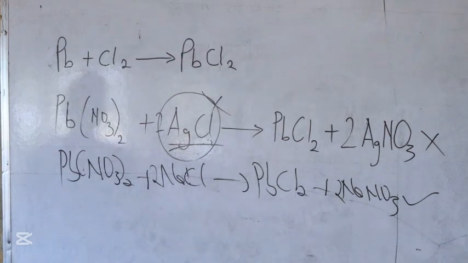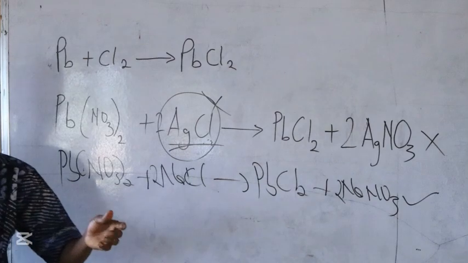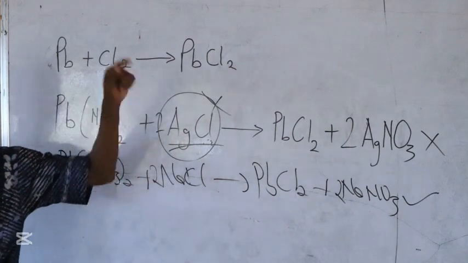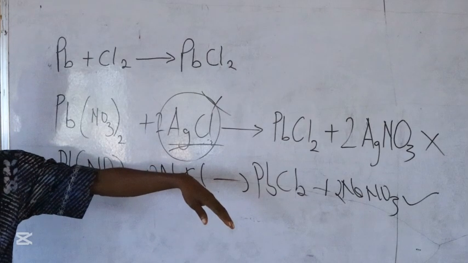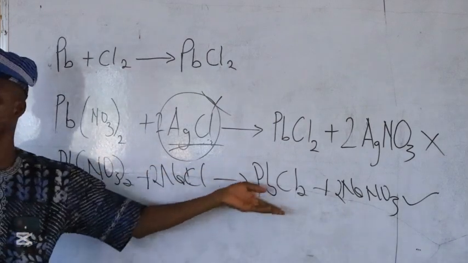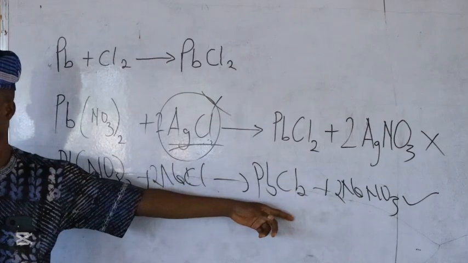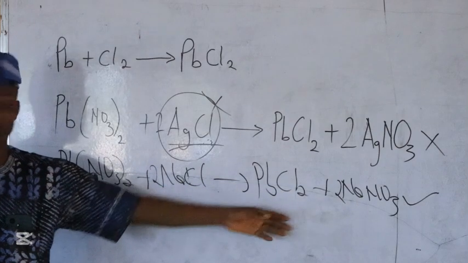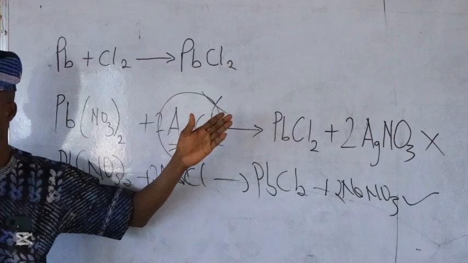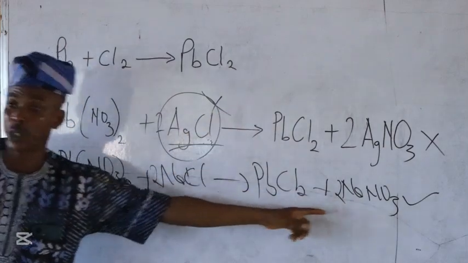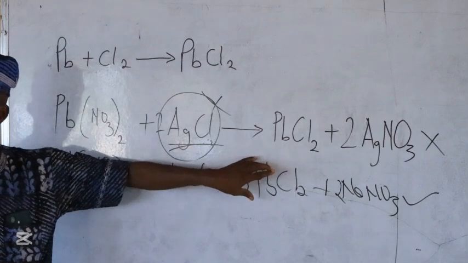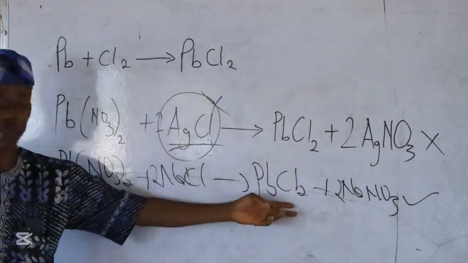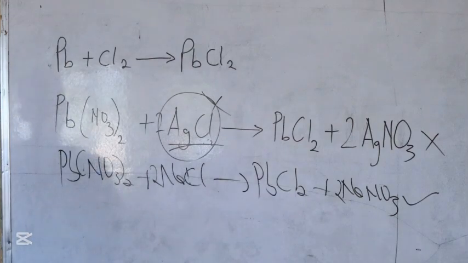The essence of using double decomposition is to produce insoluble salts. This method is specifically to produce insoluble salts. Though we have produced 2 salts, one soluble, one insoluble, this method is specifically for preparing insoluble salt.